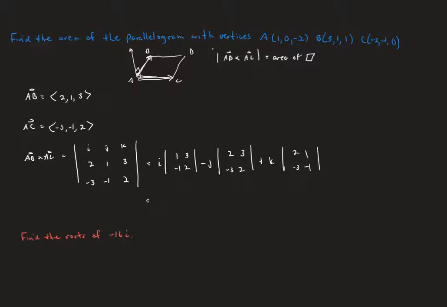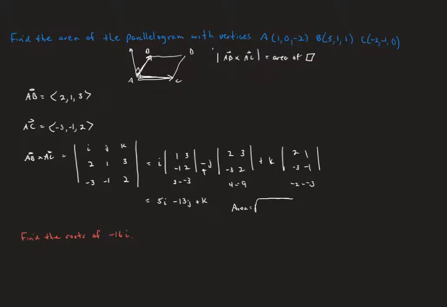So going down minus up, that's 2 minus negative 3 is going to be 5i, and then we'll go 4 minus the negative 9, so that's going to be a minus 13j because of that minus we have there, and then negative 2 minus negative 3 is going to be just 1k. So there is our cross product vector.